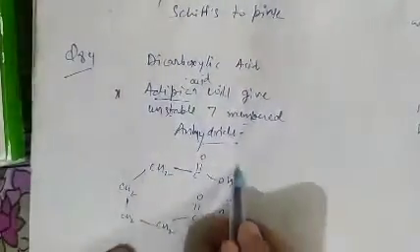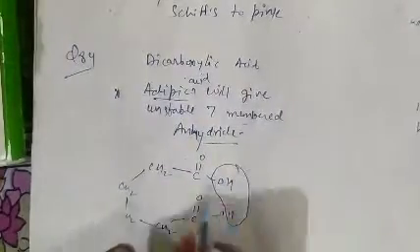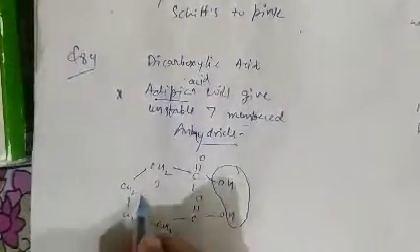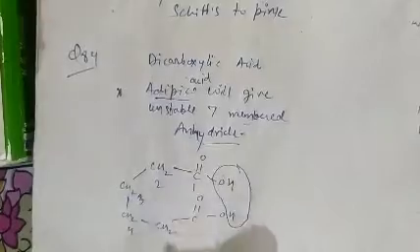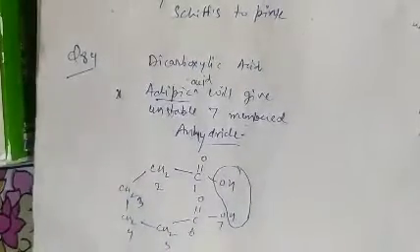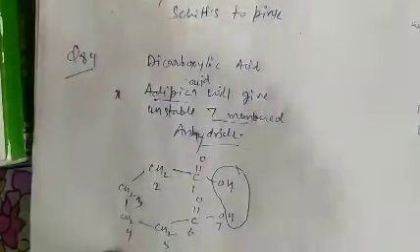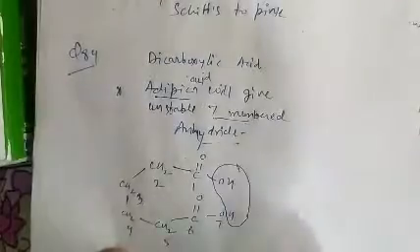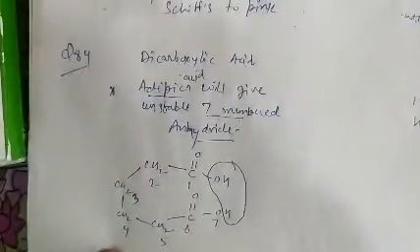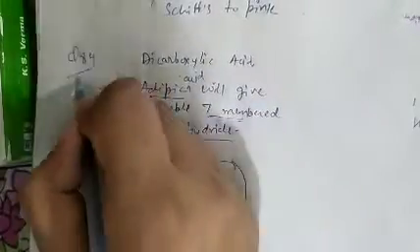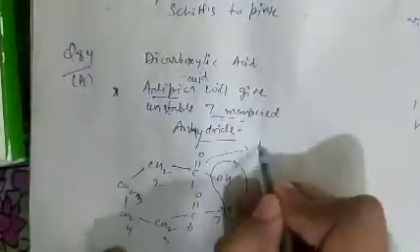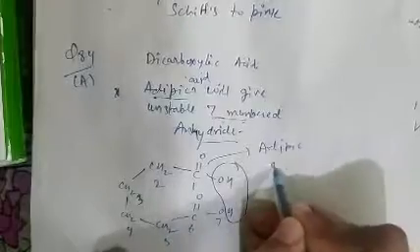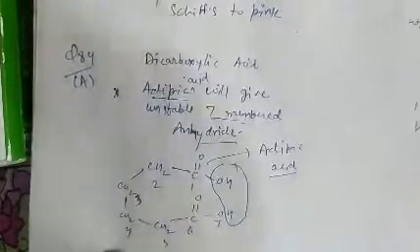When we remove water, the ring form is 1, 2, 3, 4, 5, 6 and 7 member. So the 7-member ring is unstable, therefore least reactive is adipic acid. So question number 84, option A is correct. This is adipic acid, as it gives a 7-member ring.